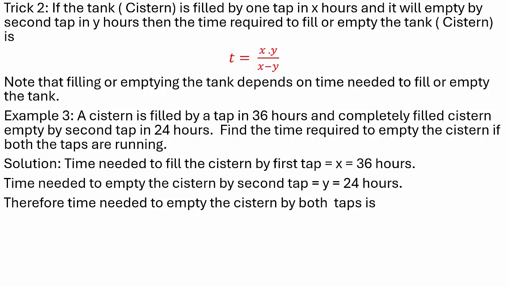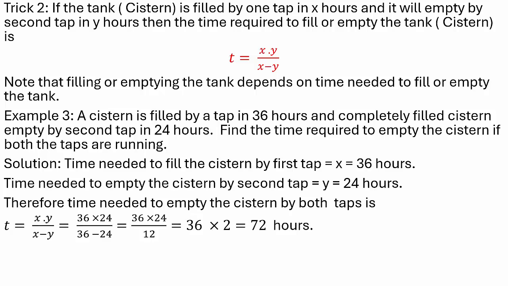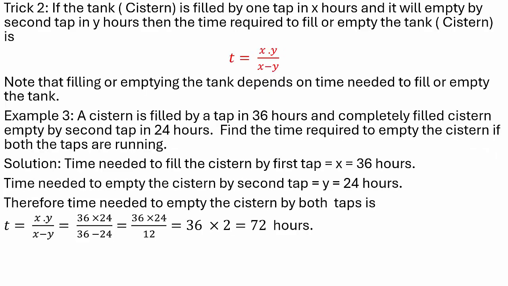And therefore time needed to empty the cistern by both the taps is X multiplied by Y divided by X minus Y, which is 36 multiplied by 24 divided by 36 minus 24. That is 36 multiplied by 24 divided by 12, which is nothing but 36 multiplied by 2 is equal to 72 hours. Hence, time required to empty the cistern is 72 hours.